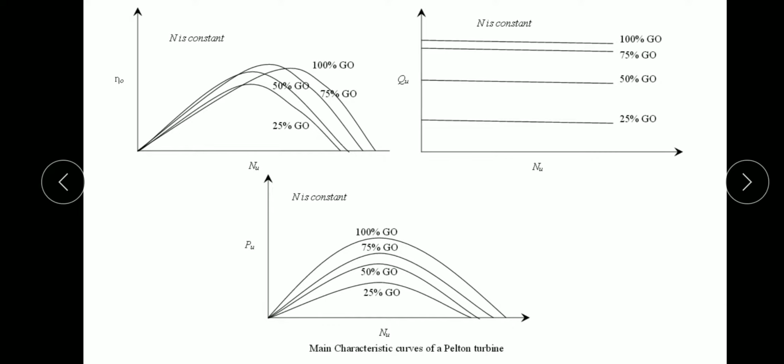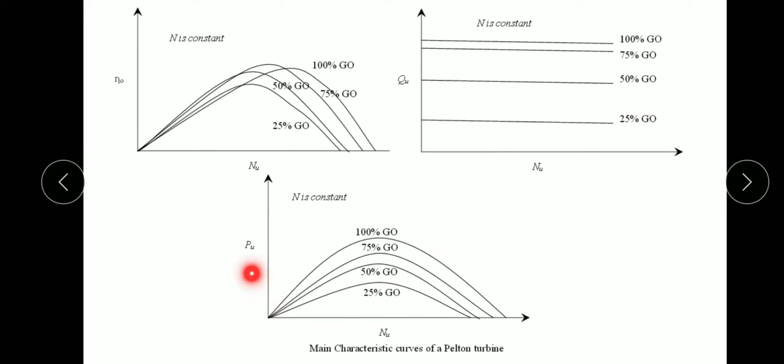It is almost the same, as speed is constant, discharge is constant. The discharge will be more at 100% gate opening. Discharge is less at 25% gate opening.